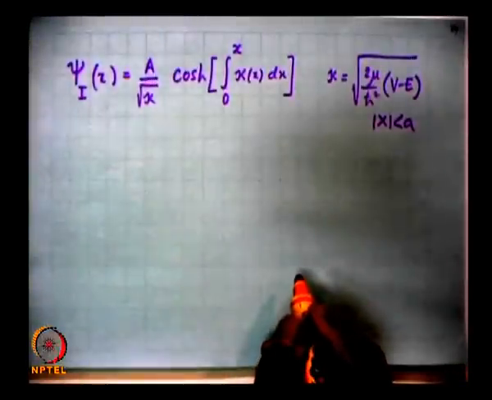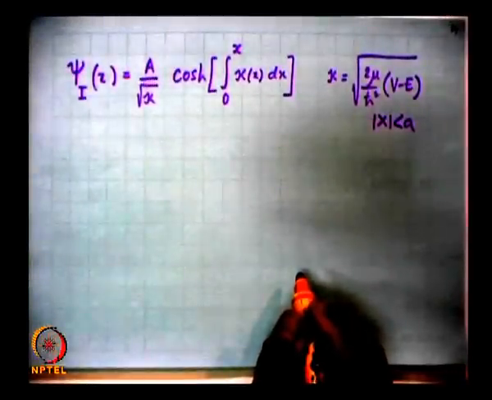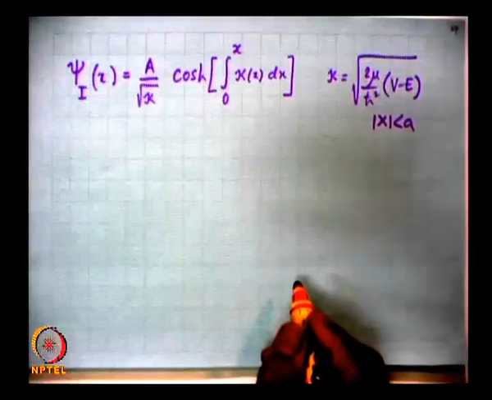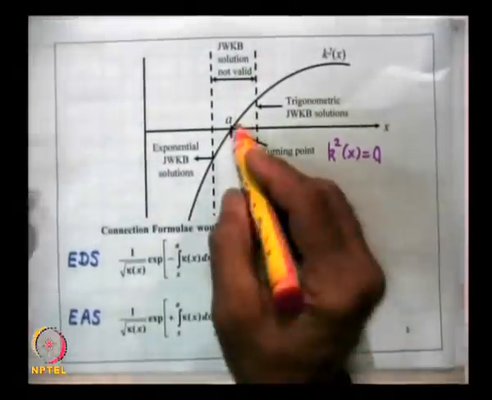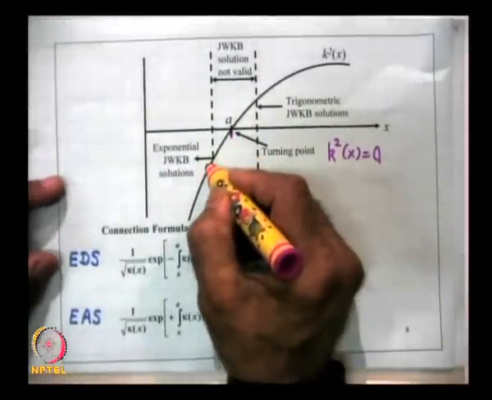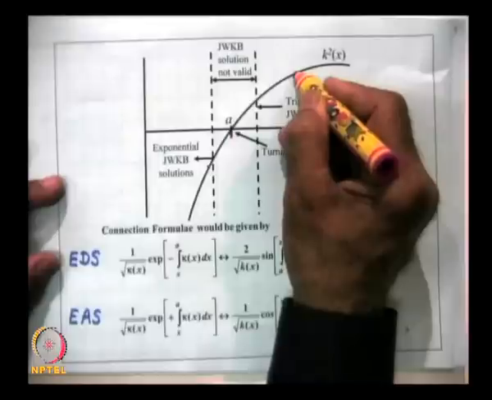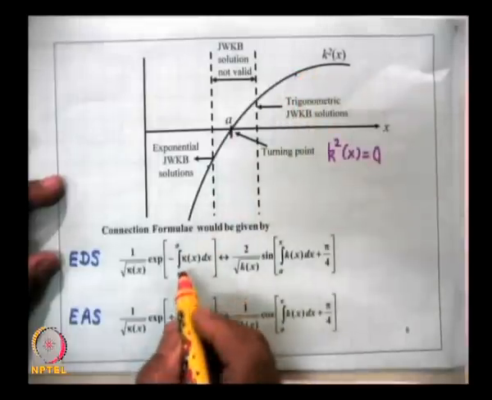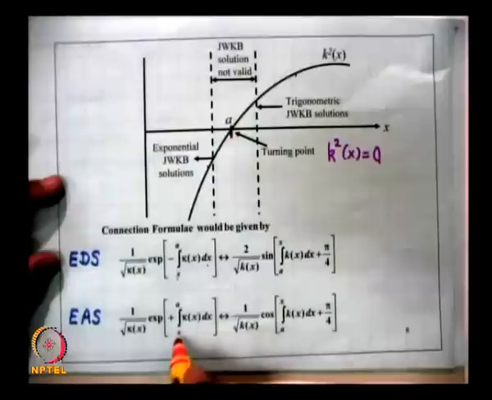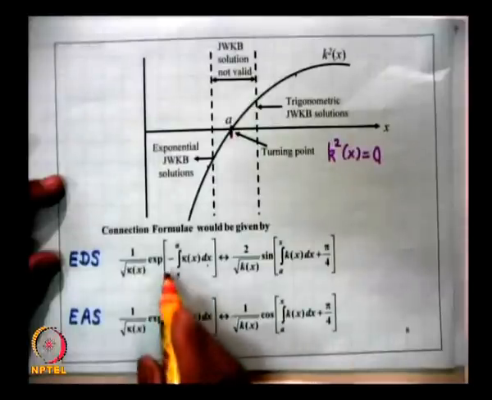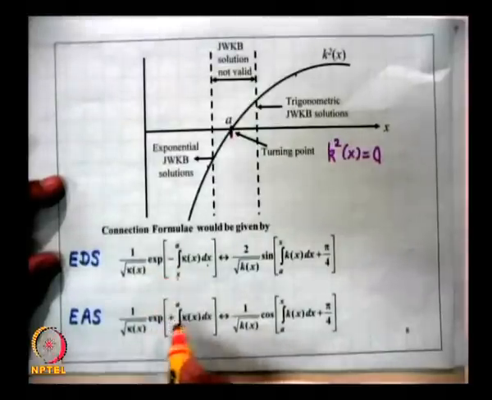In order to use the turning point, we will have exponential solutions here and trigonometric solutions to the right. So, you must write it in the form of the integral from x to a of kappa dx, exponential minus and exponential plus.